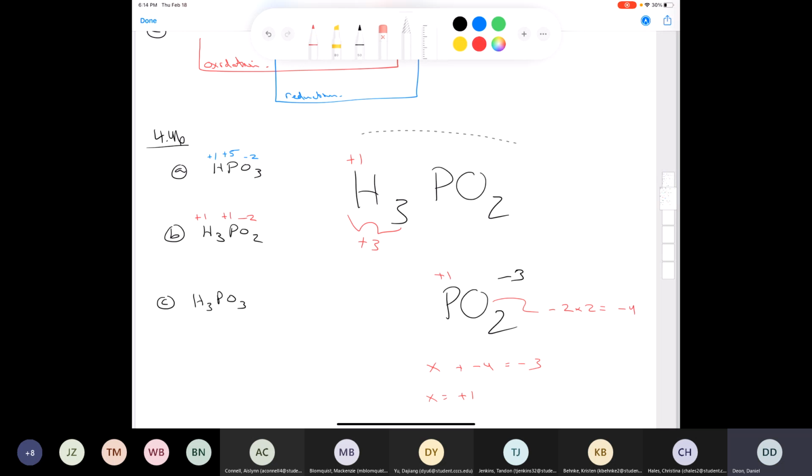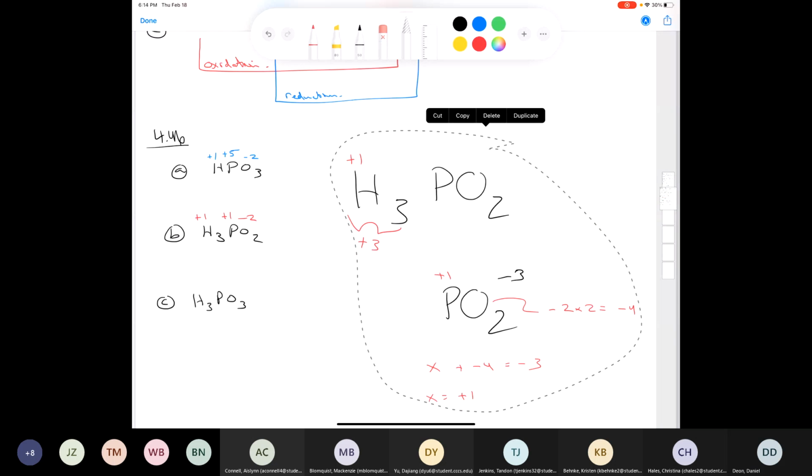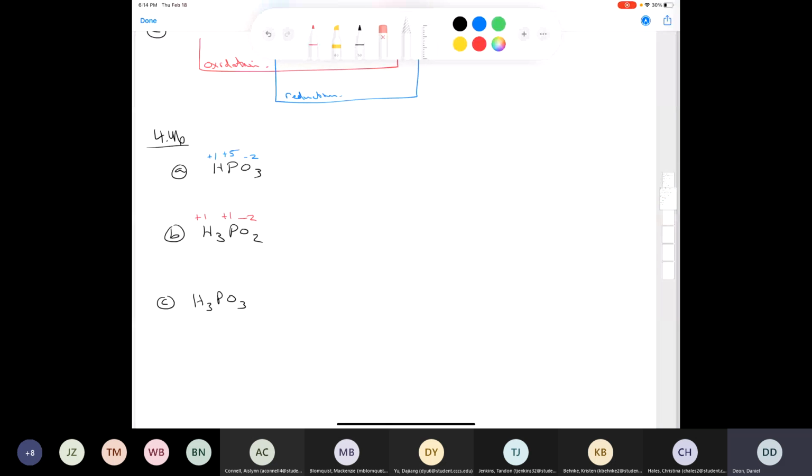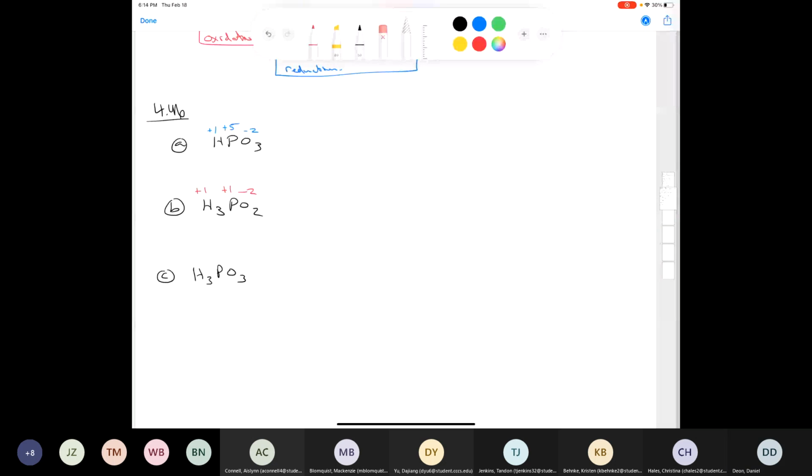Let's erase that and try the next one, which is H3PO3. This is phosphorous acid. We have our hydrogen, which has a charge of +1, and I have 3 of those. That means overall this is +3, which tells me that the PO3 ion must be -3.